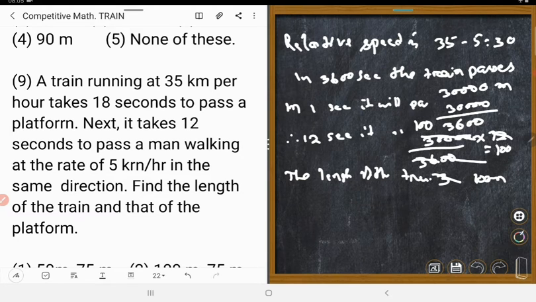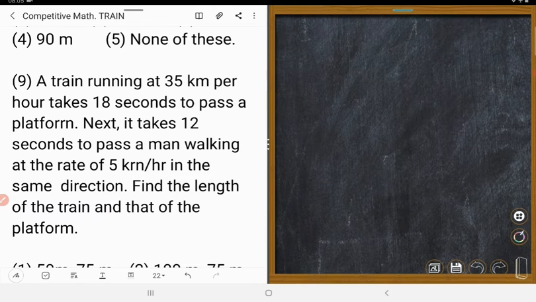Now let's calculate the platform. In 3,600 seconds, it passes 35 kilometer or 35,000 meter. Could you understand?